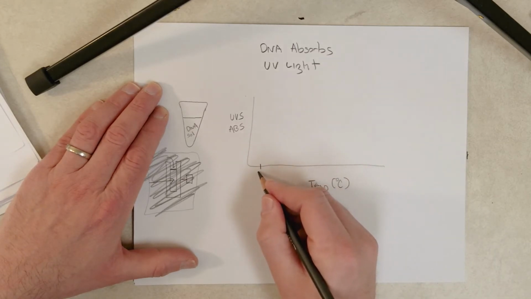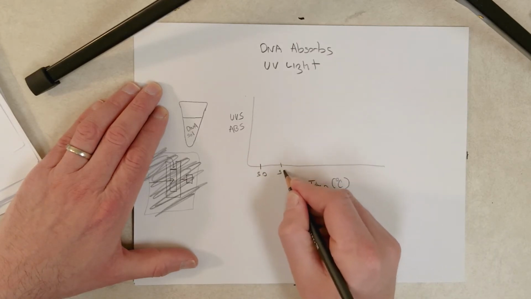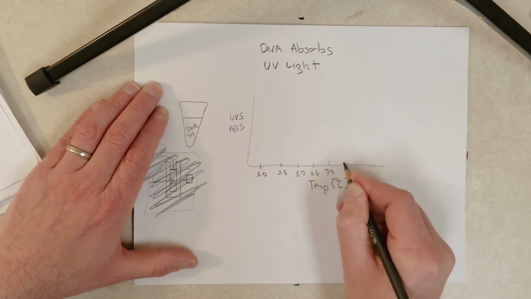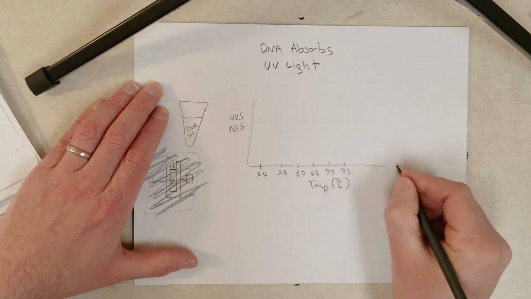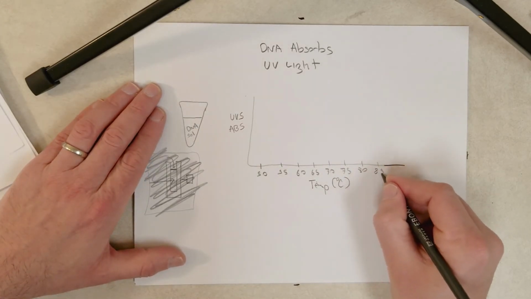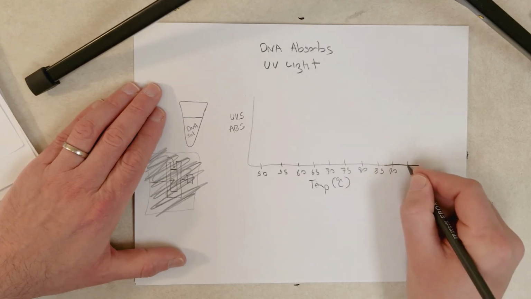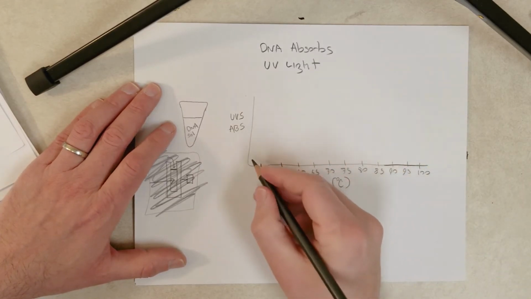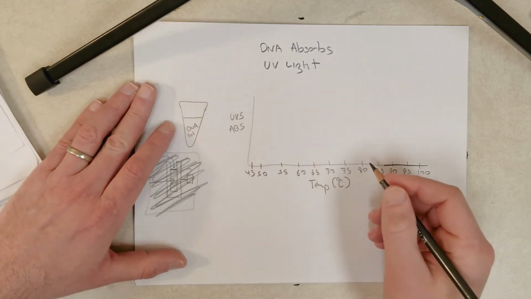Now I'll start at 50 down here, 55, 60, and I'll go all the way up to 95, 100. Okay, so let's go down to 45. Let's go a bit cooler.